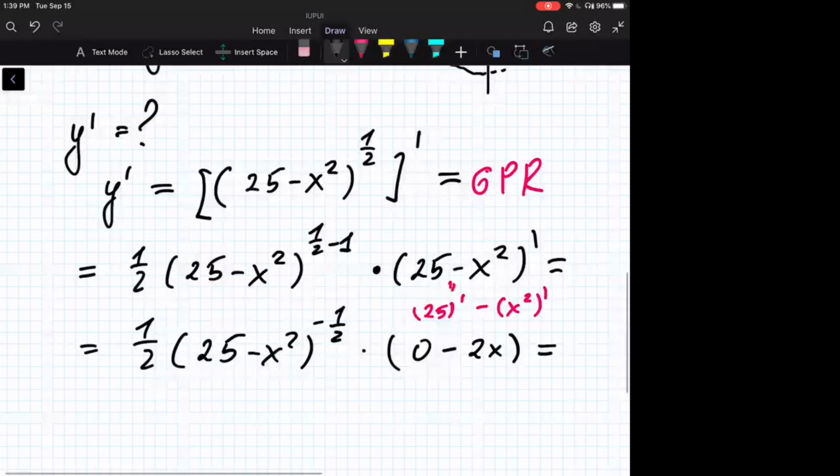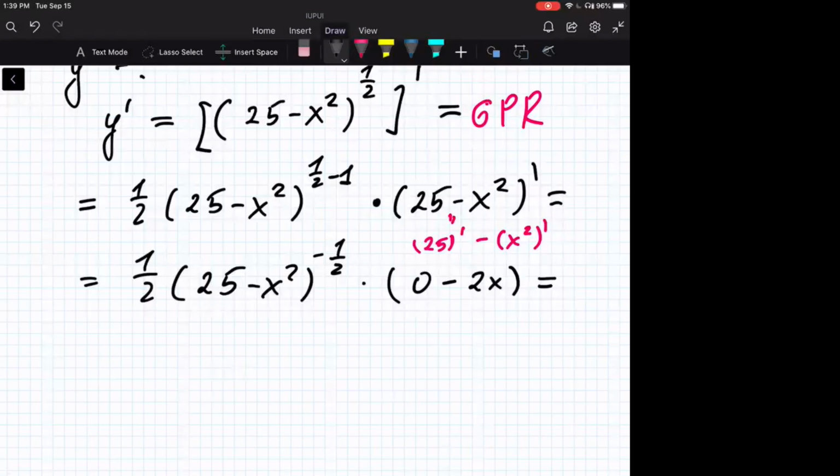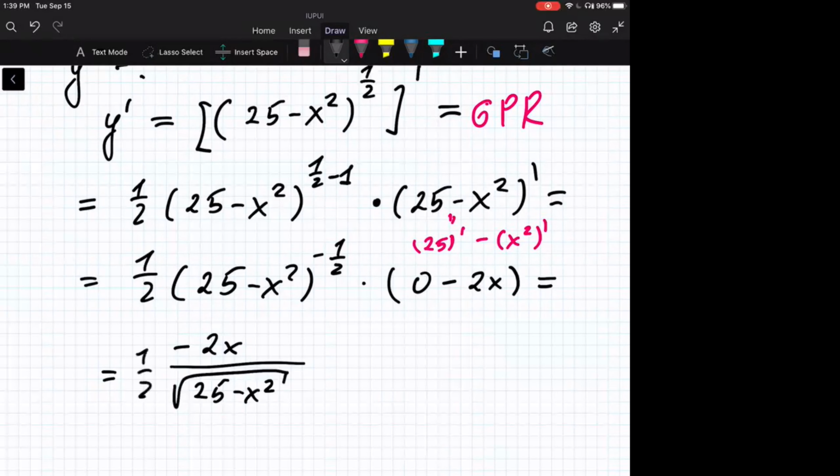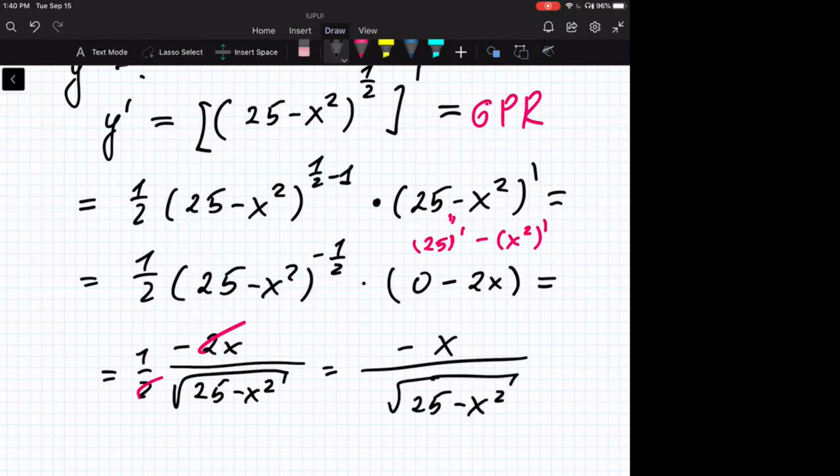So finally, that gives me minus 2x on the top, square root of 25 minus x squared, and 1/2 in front, so I still have some cancellations of 2, and the very final answer is minus x divided by square root of 25 minus x squared. In the textbook, they focused on the lower part of the circle, but it doesn't really matter.